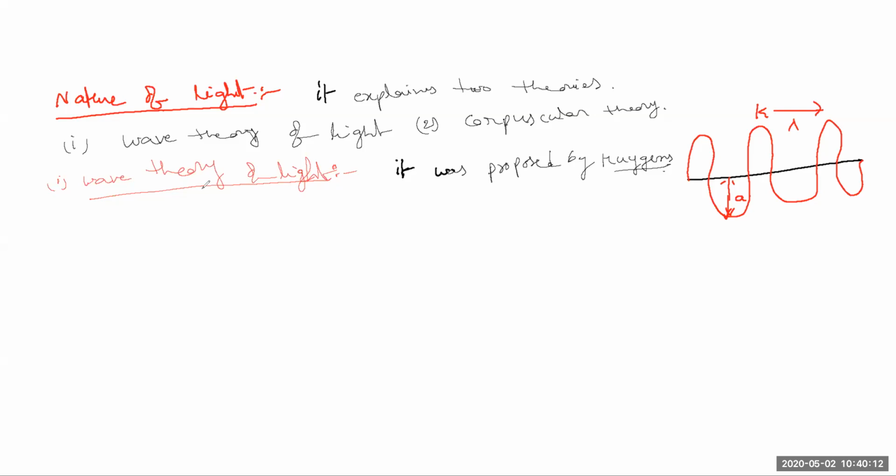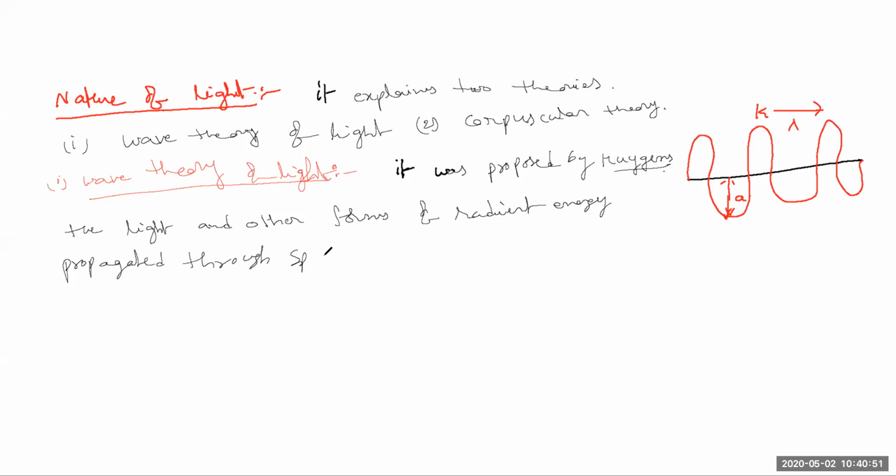According to this theory, light and other forms of radiant energy propagate through space in the form of waves.